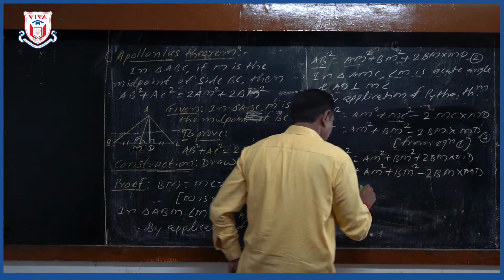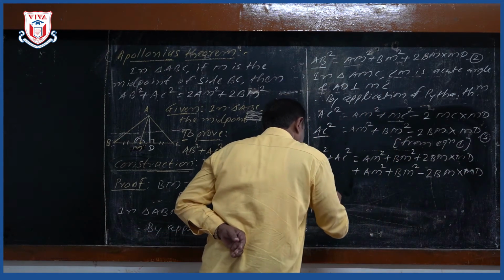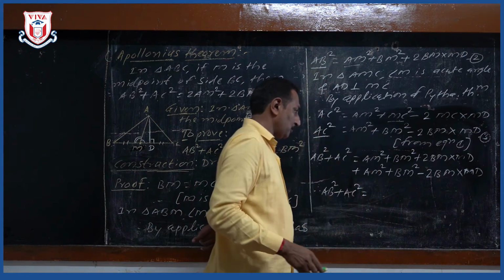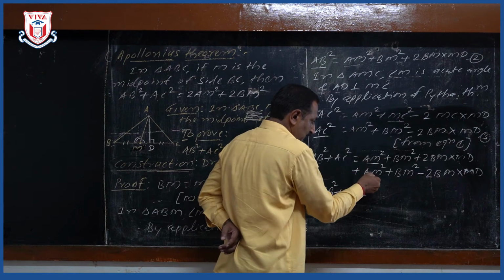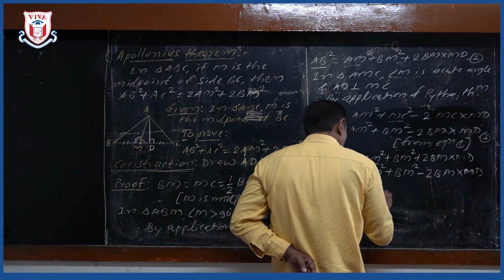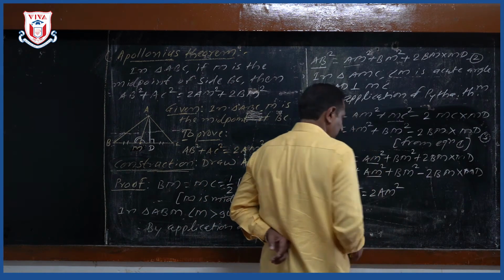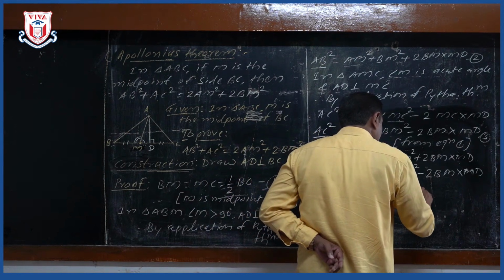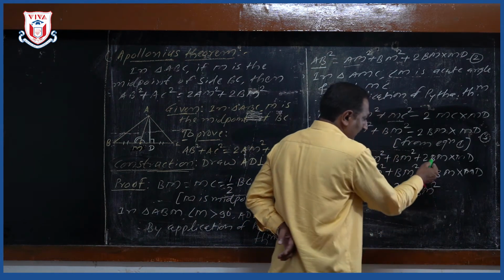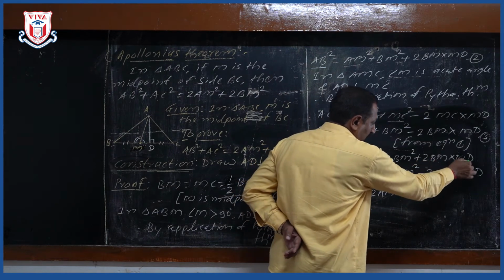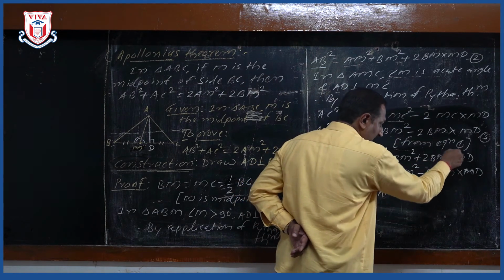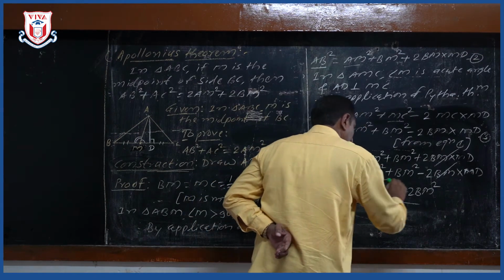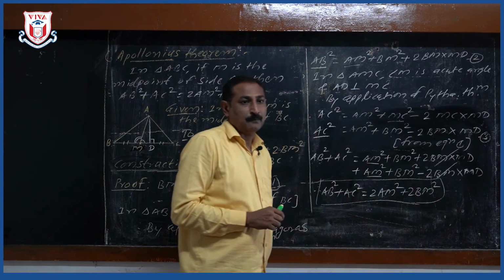Therefore AB square plus AC square is equal to 2AM square plus 2BM square, and plus 2BM MD minus 2BM MD get cancelled. Hence the Apollonius theorem is proved.